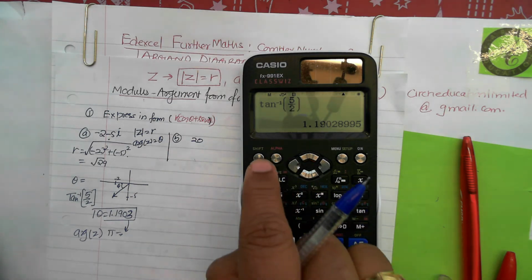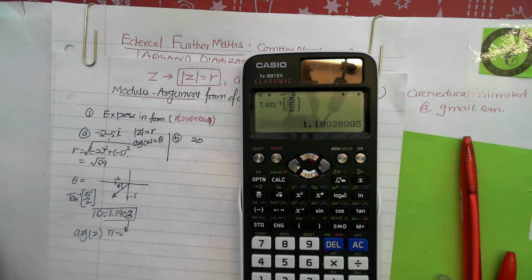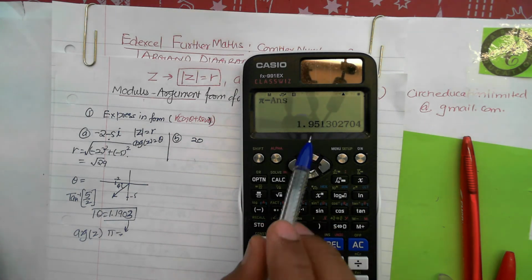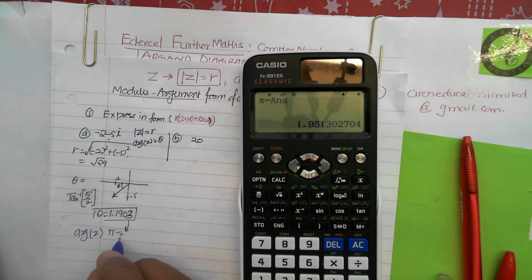So I'm going to do that here. Pi take away the answer is 1.95 to 2 decimal places. So the argument of z is 1.95, to 2 decimal places.